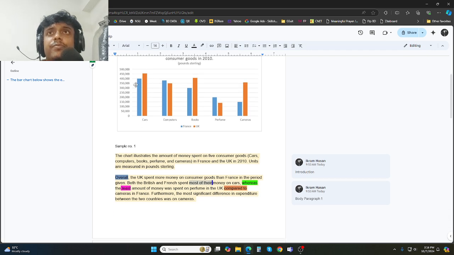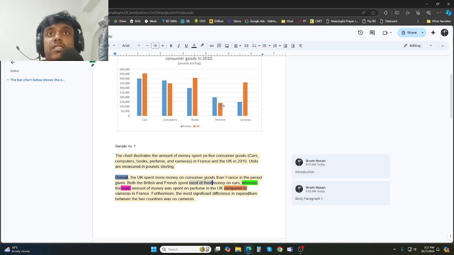So for the first, cars, we can see very high expenditure is made by both the countries, and for computers it's also quite high. It's greater than 300k. For books, we can see France is way behind the UK while buying the books.